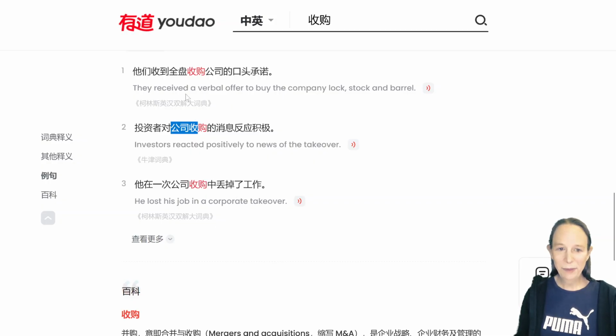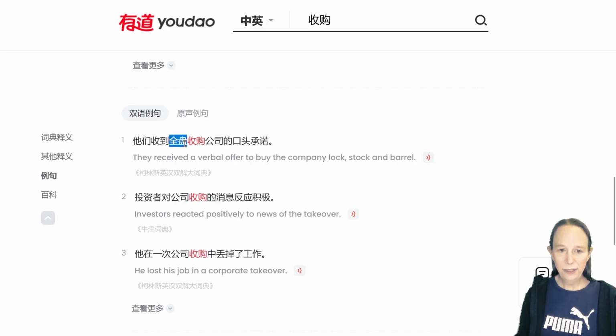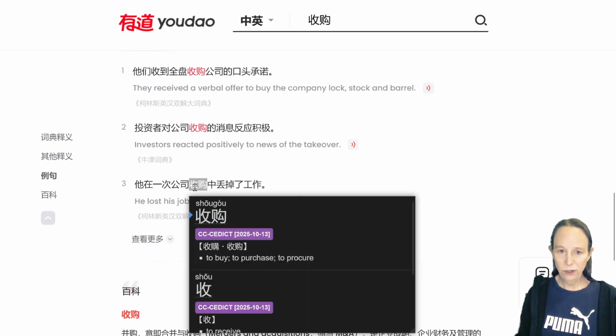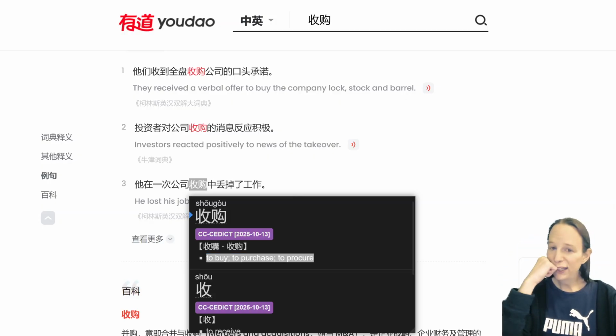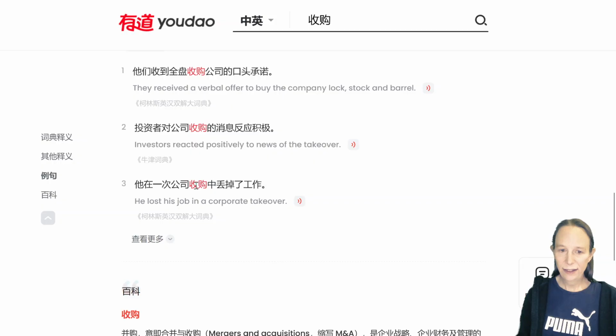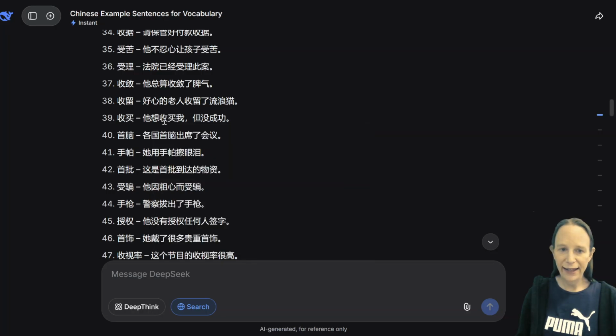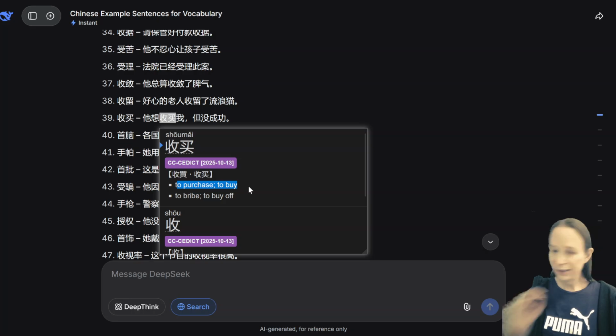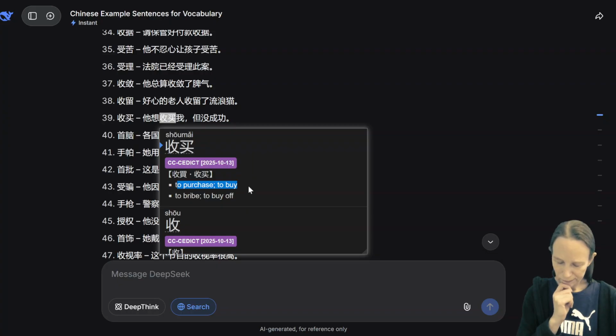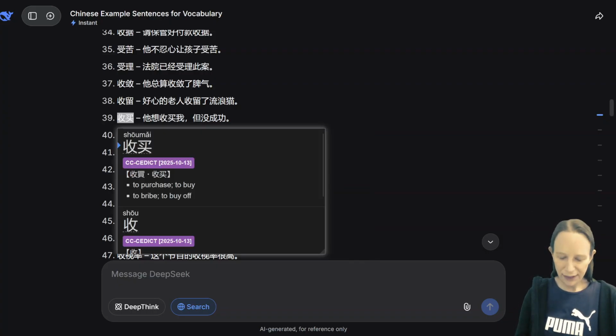The company is being purchased. 全盘收购公司. All right. 收购, this is takeover, isn't it? Actually, I do know this. 收购 is company takeover. So 收买 is kind of takeover in a company.